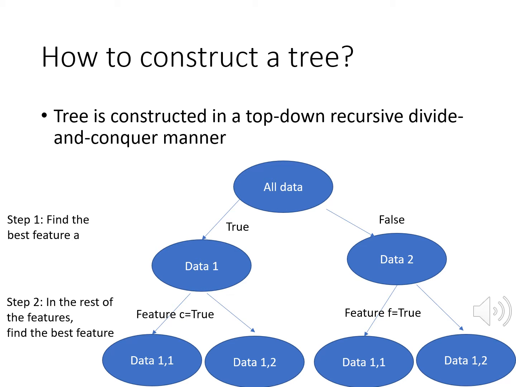So for data 1, we may find the best feature C, and for data 2, we may find the best feature F. So step by step, we split the feature one step after another, until the node reaches the termination condition, then we stop and set those nodes as leaf nodes.